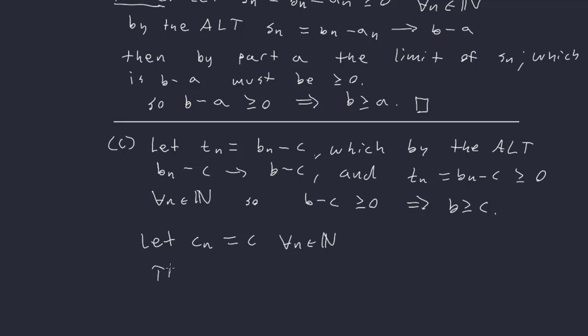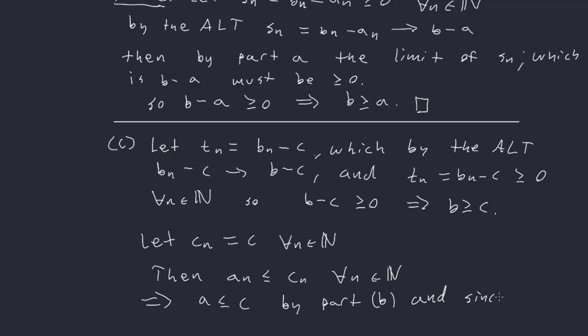Okay, then An is less than Cn for all n in the naturals, implying that A is less than C by part B, and since Cn converges to C, right?